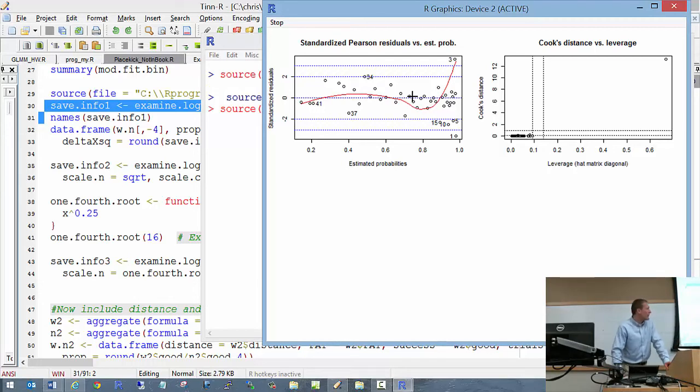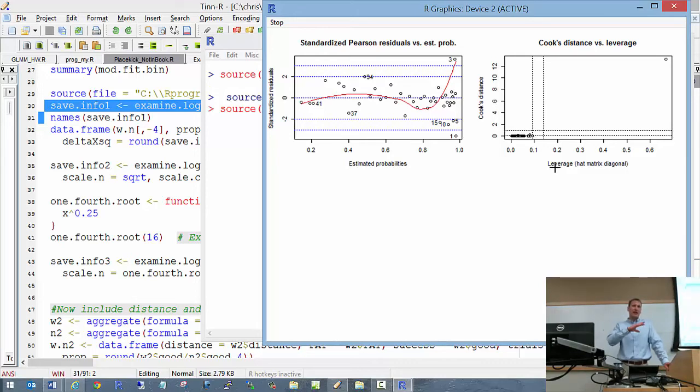Next, I have a new plot created here, Cook's distance versus the hat matrix diagonal values, also known as leverage. You see some horizontal and vertical lines there. Those correspond to the limits that I essentially gave you last time about when we identify potential problems.